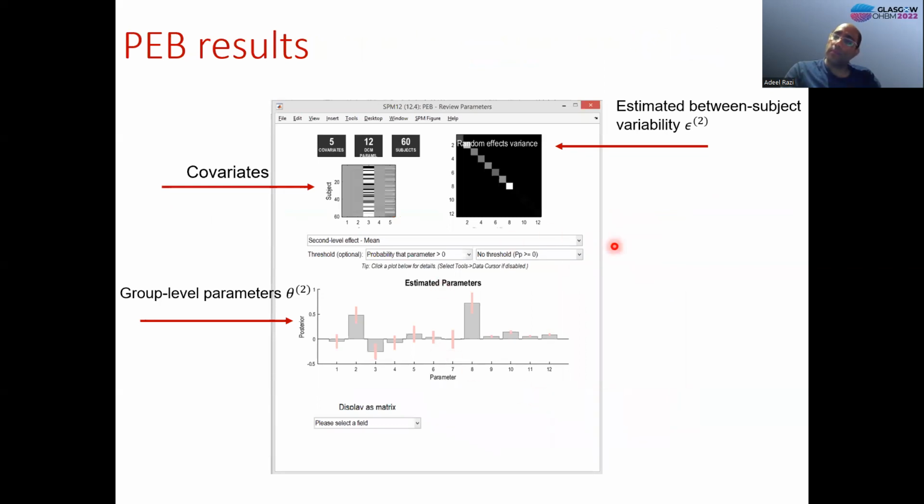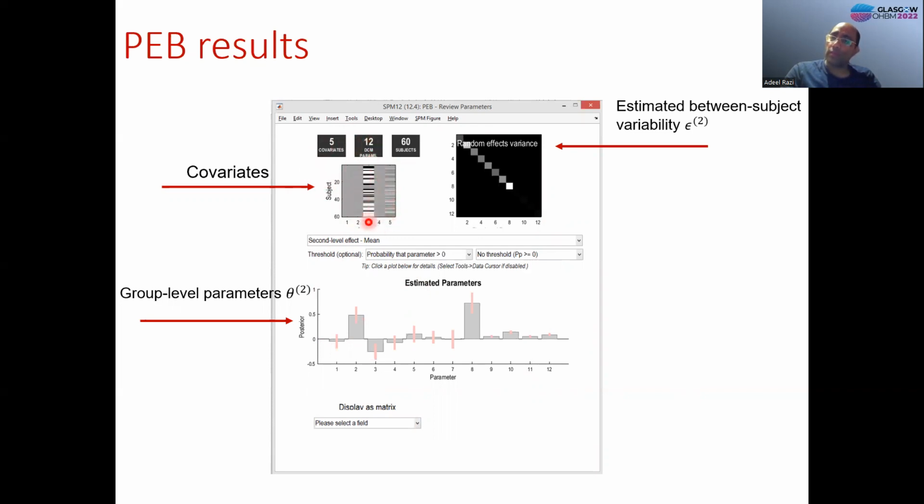And once you do this analysis at the group level, you get this screen which describes various things that I was talking about on the previous slides. It tells you your design matrix, and how many covariates you have included. For example, here there are 5 covariates. How many DCM parameters were there in your model?